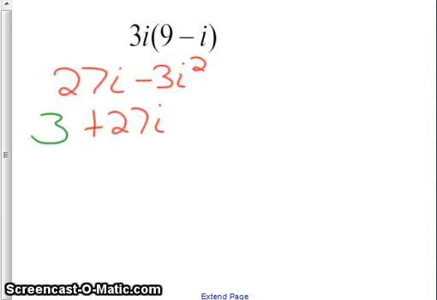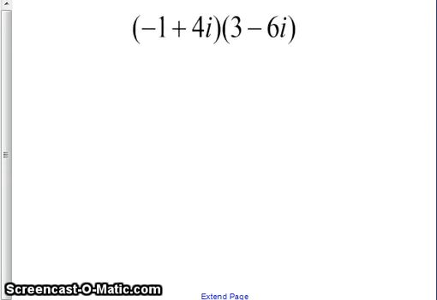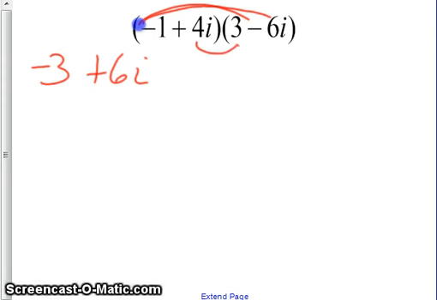All right, so here's my work. Check your work. All right, try that problem. Okay, first times first. Negative 1 times 3 is negative 3. Outer times outer. Negative 1 times negative 6i is positive 6i. Inner times inner. 4i times 3 is 12i.